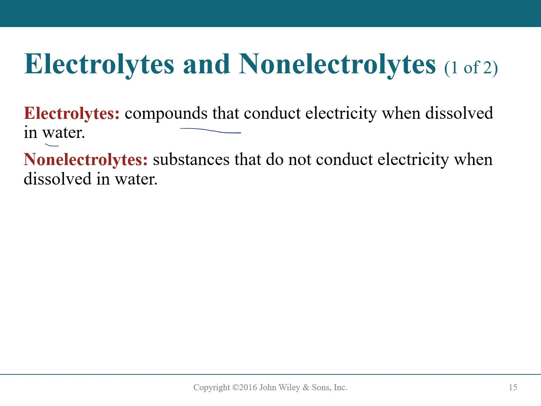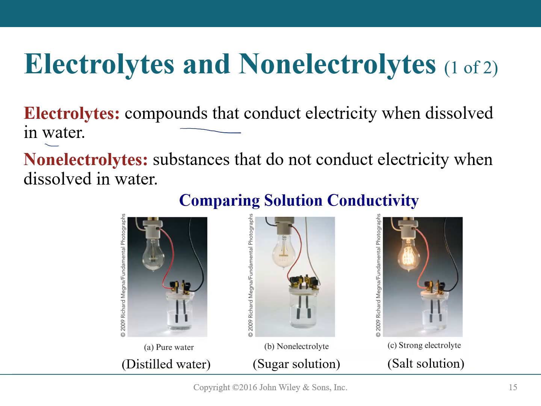And non-electrolytes, when they're dissolved in water, cannot conduct electricity. And that's the difference. So when I look at just pure water, I can't conduct electricity, so this light bulb doesn't go on. If I do sugar water, there's sugar in here. It's dissolved, you can't see it, but it doesn't conduct electricity either. So sugar is a non-electrolyte.